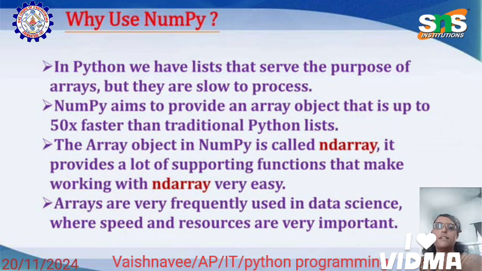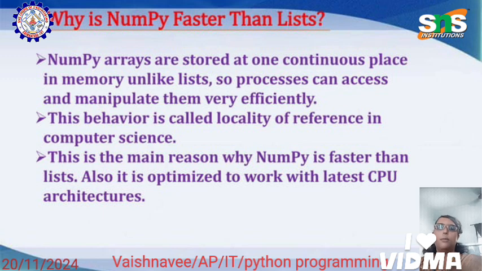The array object in NumPy is called ndarray. It provides a lot of supporting functions that make working with the ndarray very easy. Arrays are very frequently used in data science where speed and resources are very important. So we prefer NumPy.